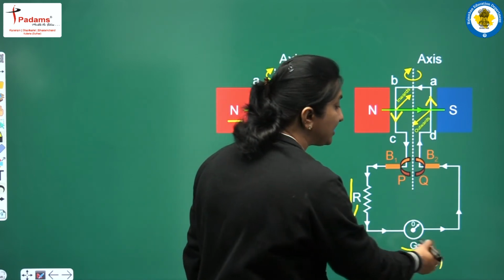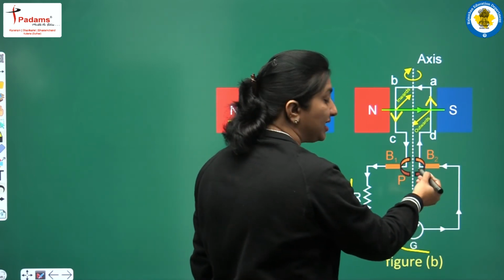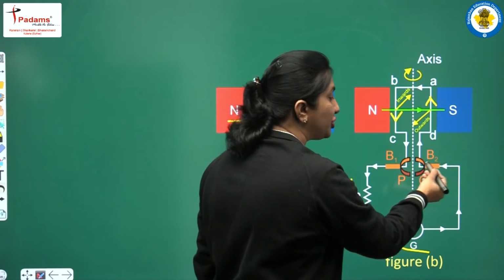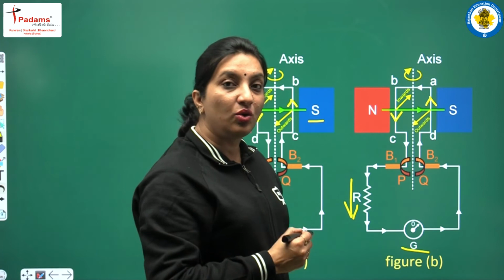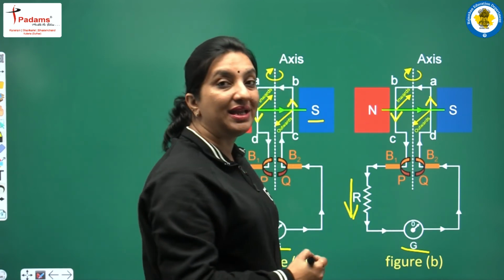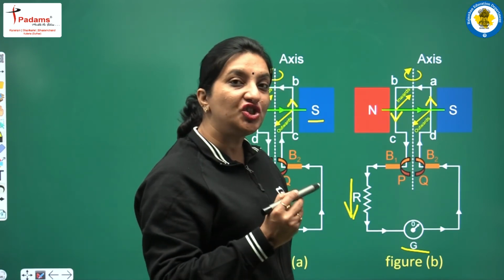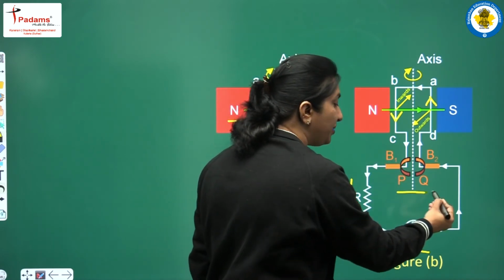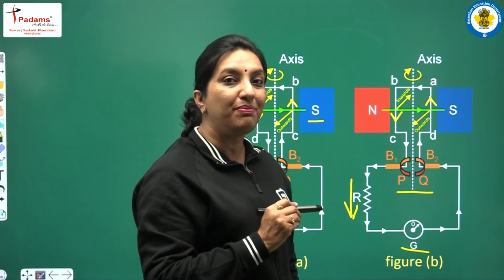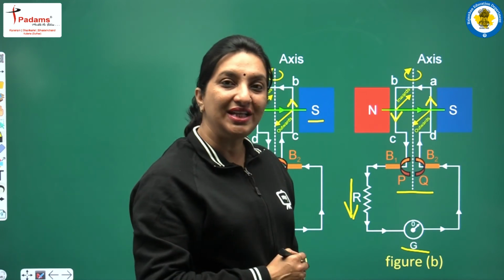The current enters the split ring Q through the brush B2, and in the external load the direction of current remains the same due to the change in construction. Here we have split rings P and Q in place of slip rings, right students.